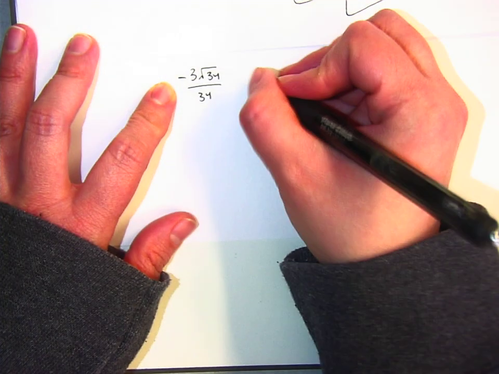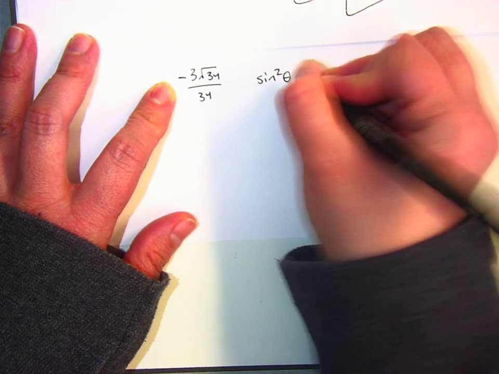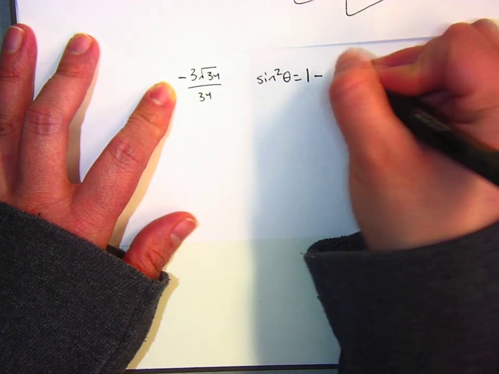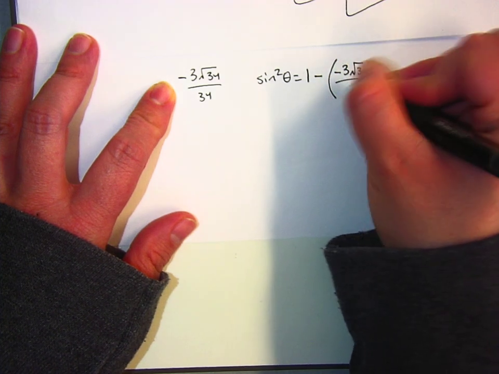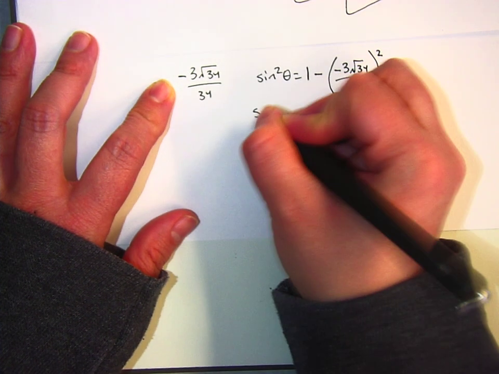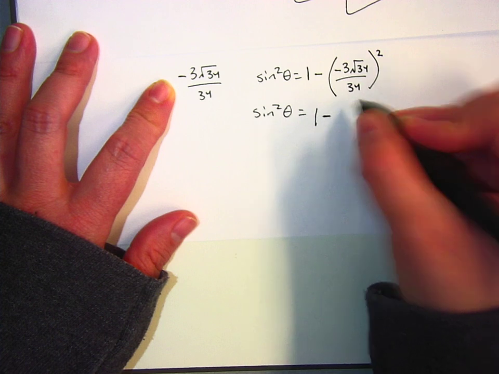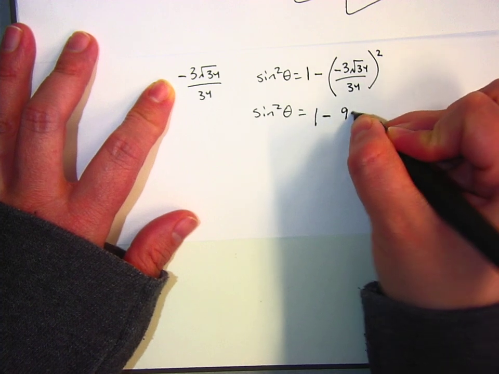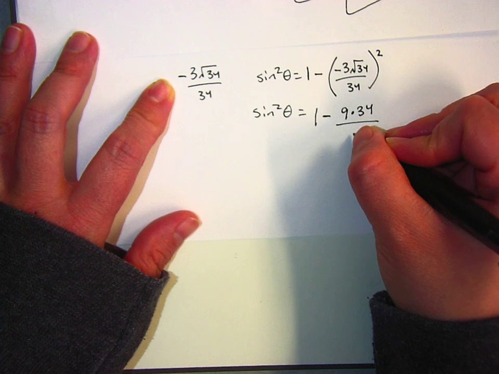And then if you did sine squared theta equals 1 minus negative 3 square roots of 34 over 34 squared, that would have been sine squared theta equals 1 minus 9 times 34 over 34 squared.